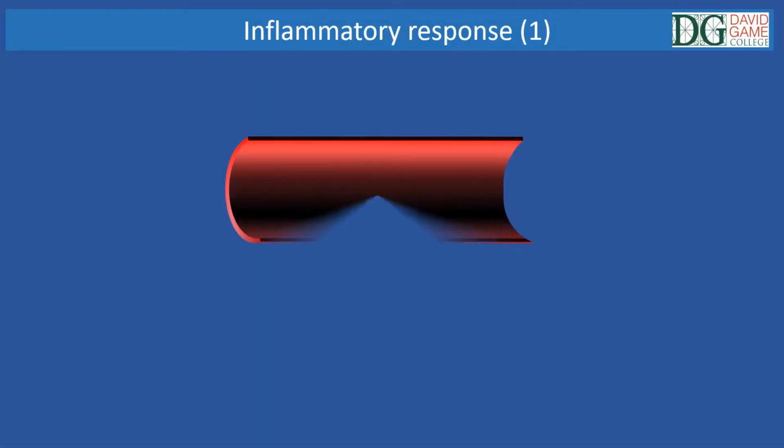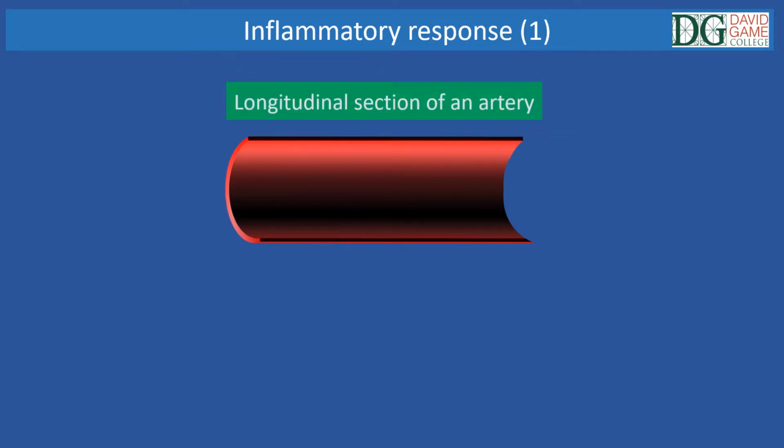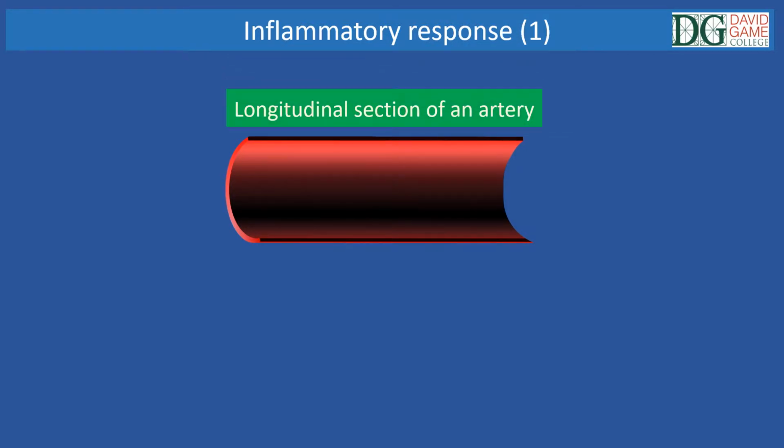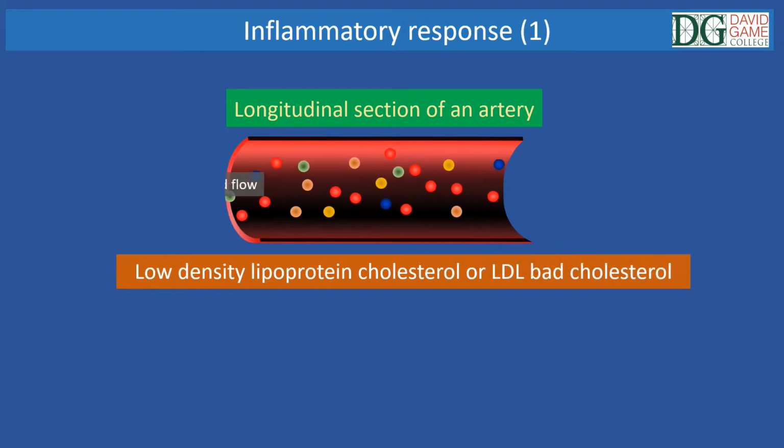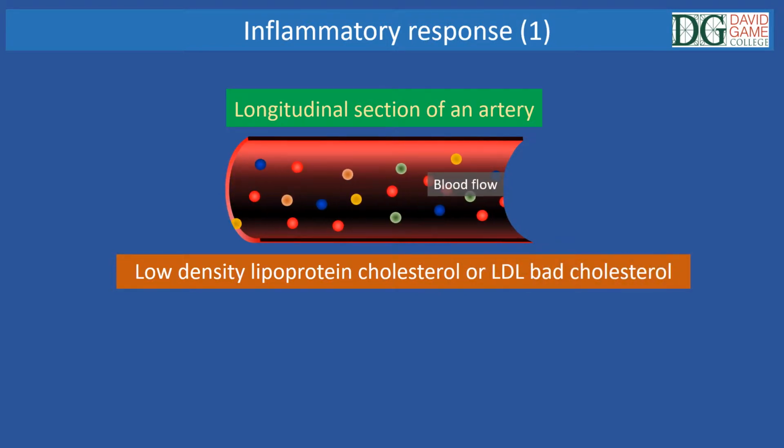Let's see the inflammatory response, and in order to facilitate understanding, I have simplified the concepts and graphics. The blood carries a large variety of substances, including low-density lipoprotein cholesterol, also known as LDL bad cholesterol.